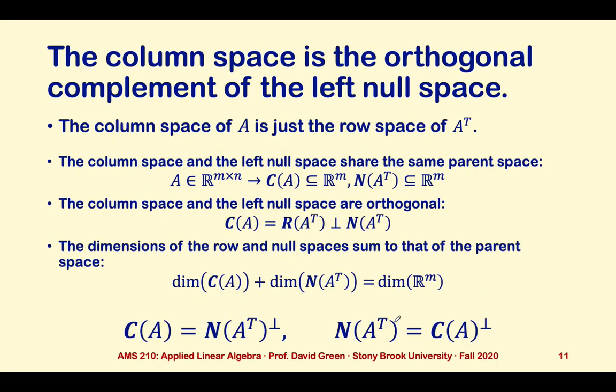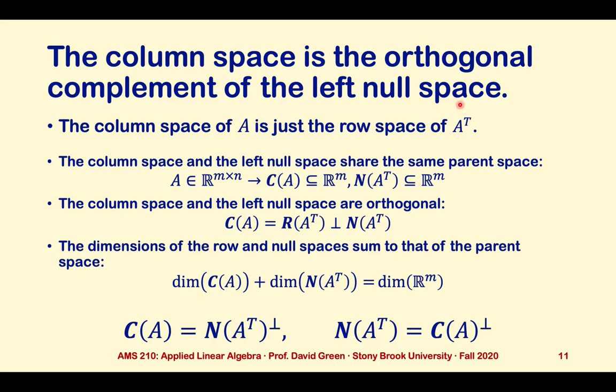This directly extends to a relationship between the column space and the left null space because, of course, the column space of A is simply the row space of A transpose.